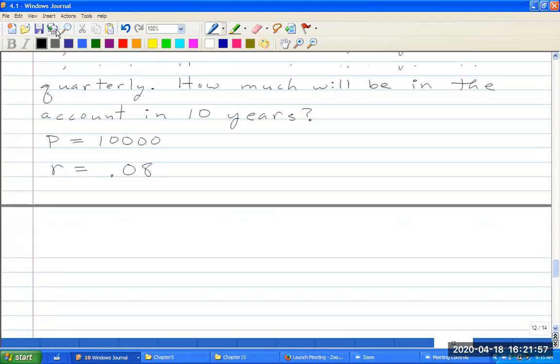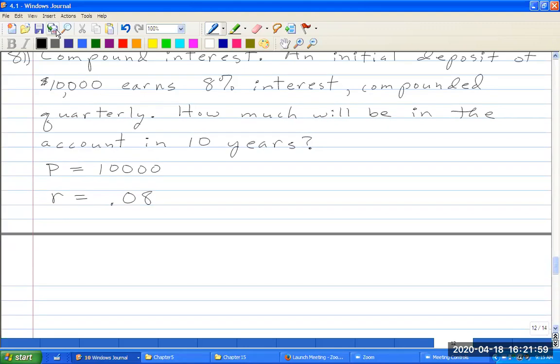8% interest compounded quarterly. So there are 4 compound periods. This is obviously in dollars. And this is per annum, per year.